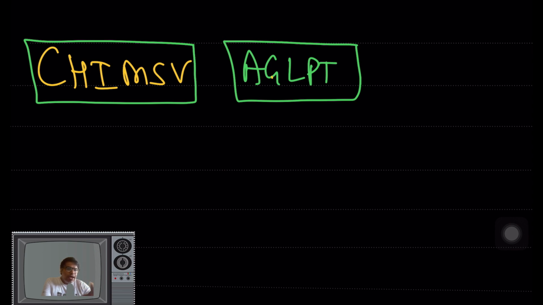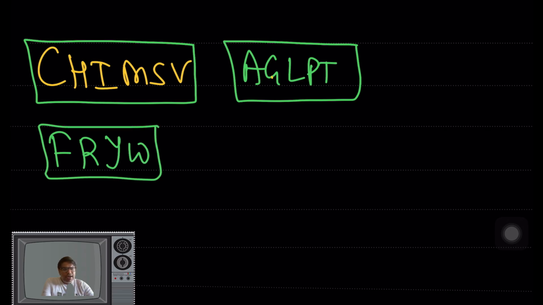Again A for alanine, G for glycine, L for leucine, P for proline, T for threonine. F for phenylalanine, R for arginine, Y for tyrosine, W for tryptophan.